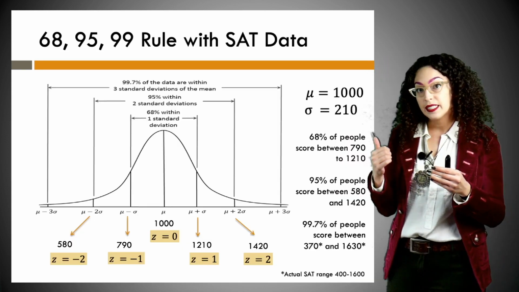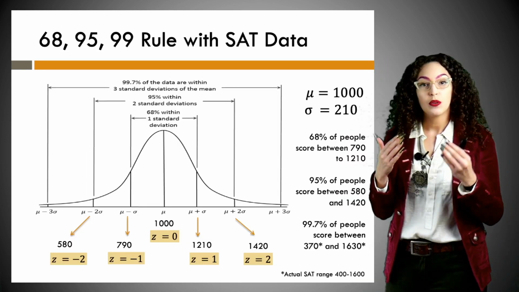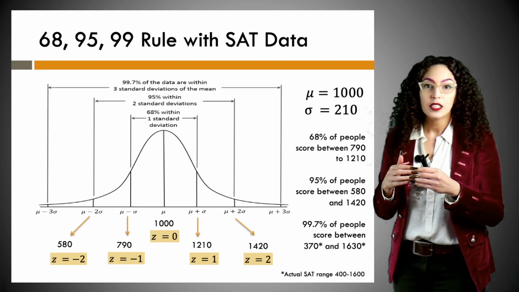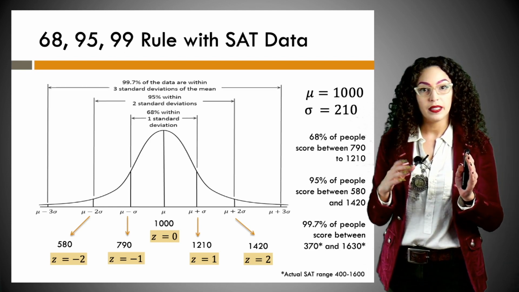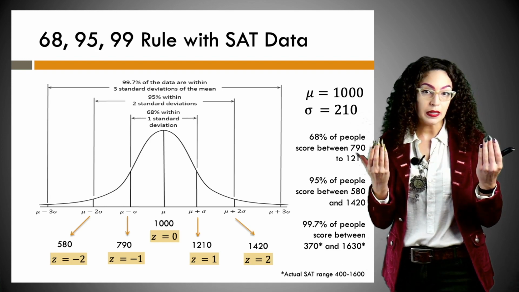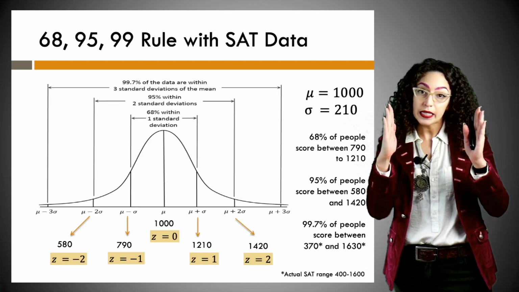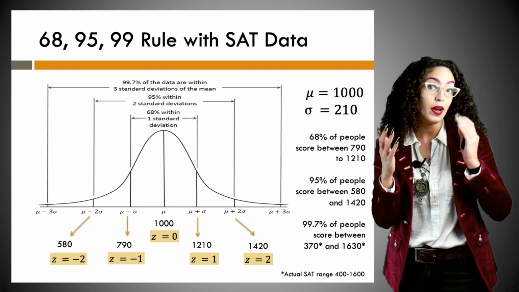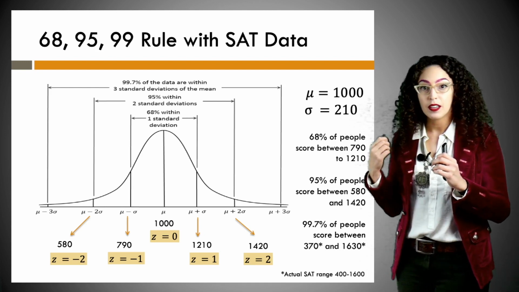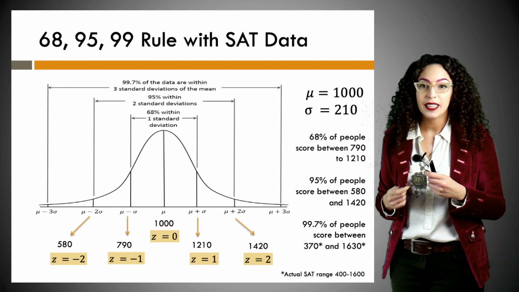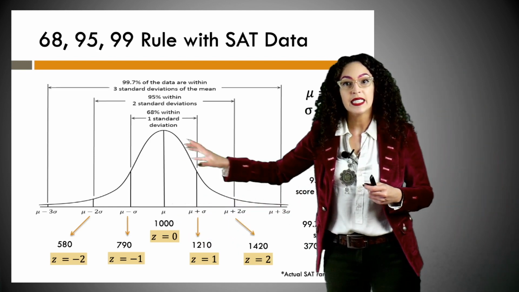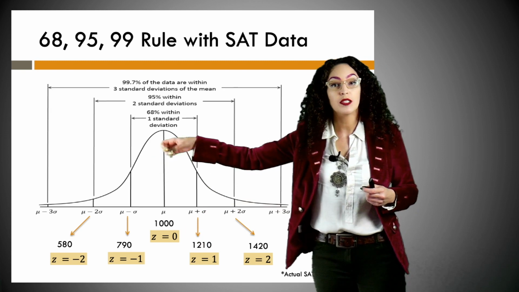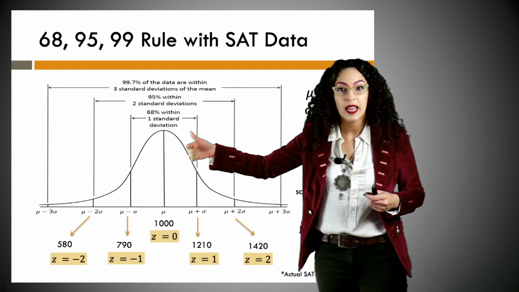Let's look at this 68, 95, 99 rule with our SAT data. So what are the 2 SAT values that are associated with a -1 and a positive 1 z-score? Basically 68% of people score between what and what on the SAT. If you do a little bit of math magic, you get 790 to 1210. 68% of people will have a score between 790 and 1210.